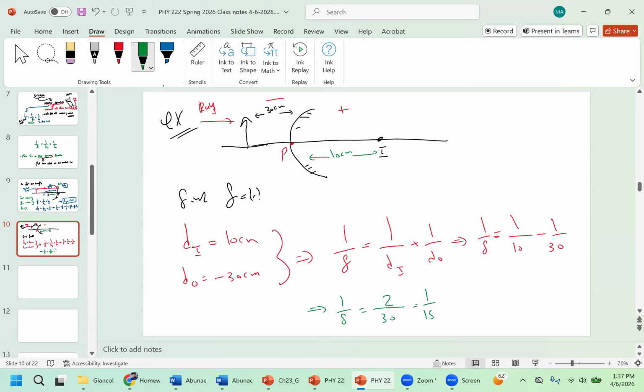So you get what? 1 over 15, which means that the focal length is 15 centimeters. You have to flip it. And it's positive. So that tells you that the focal length is, if this is 15, maybe somewhere around here, where this whole thing is 15 centimeters.